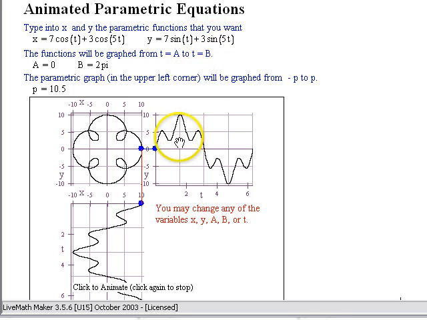So this graph is the x coordinate there, and no, sorry, that's the y coordinate, and this one is graphed down here sideways. Okay, so there's a cosine curve there, sine curve here, and when I animate it, you can watch and see how they work together to create this.